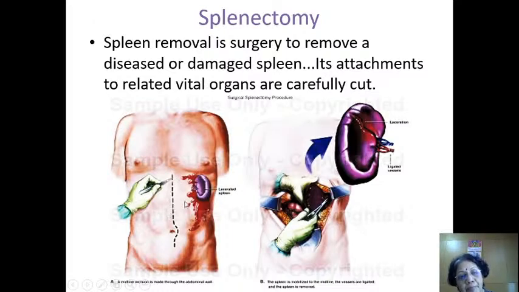We can also take a paraumbilical or paramedian incision. Surgeons usually prefer a big one because they will want to explore the whole area and mop up anything extraordinary happening inside the abdominal cavity. A lacerated spleen will be spilling all over the place, so it's good to have a larger area of access.